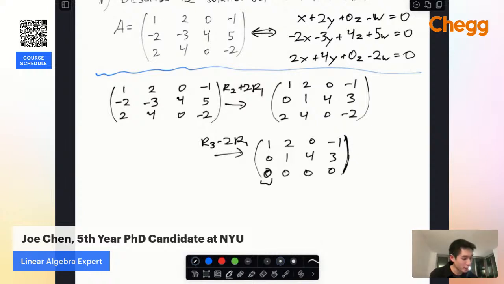So these 2 will be pivot columns because of the 1s. These 2 1s make these pivots. Whereas these 2, without the leading 1, are free variables.